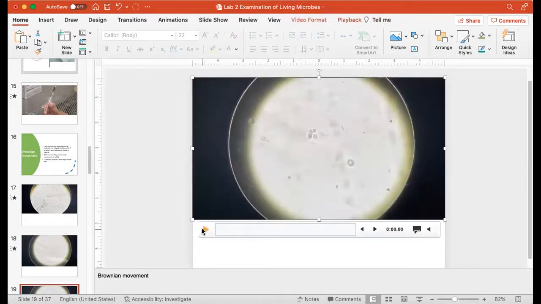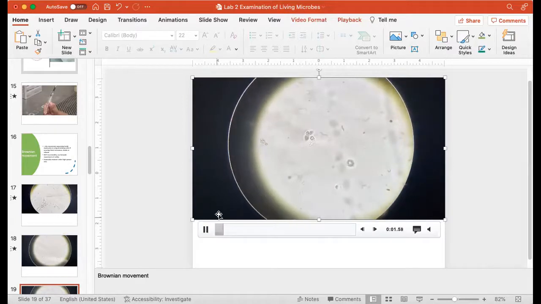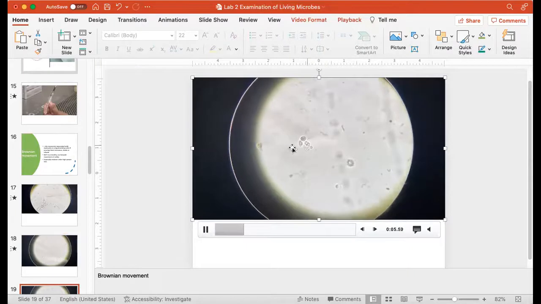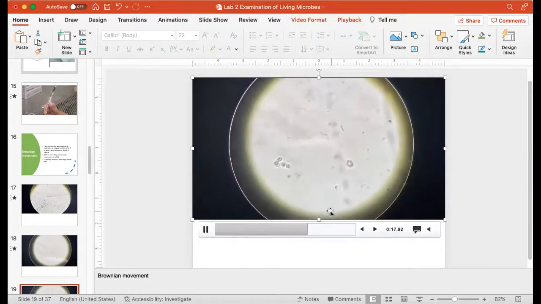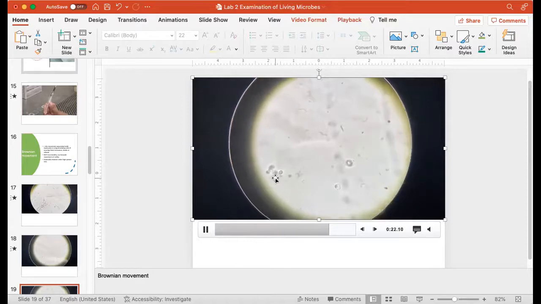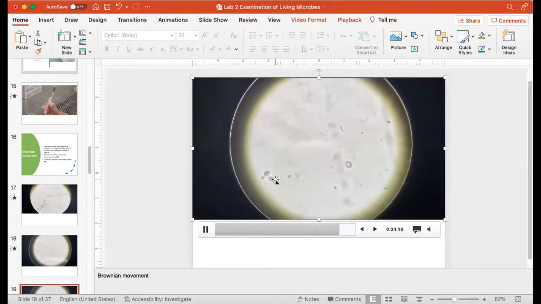Here's another one. Look at these cells right here. There's 3 cells. These are big cells. They happen to be yeast. See how they're just sort of slowly going off to the left, and they're vibrating a little bit. They're not moving as quickly as they would if they were in a current.